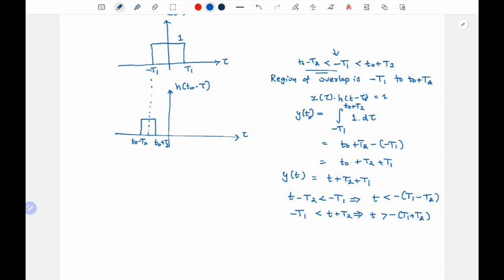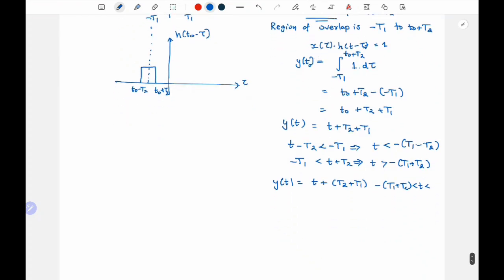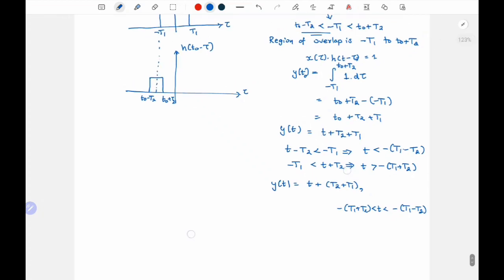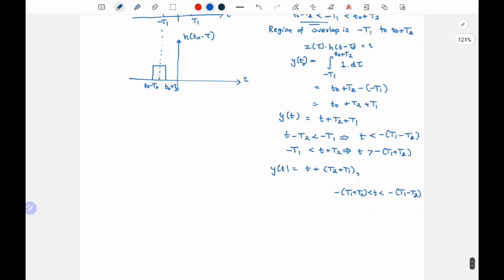Okay, so in this region, y of t is actually t plus t2 plus t1 for minus t1 plus t2 less than t less than minus of t1 minus t2. Okay. So now in the next case, what will happen to h of t?